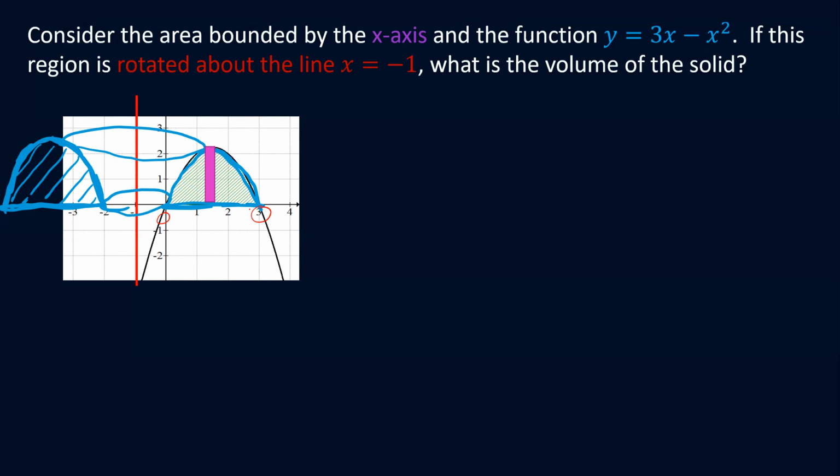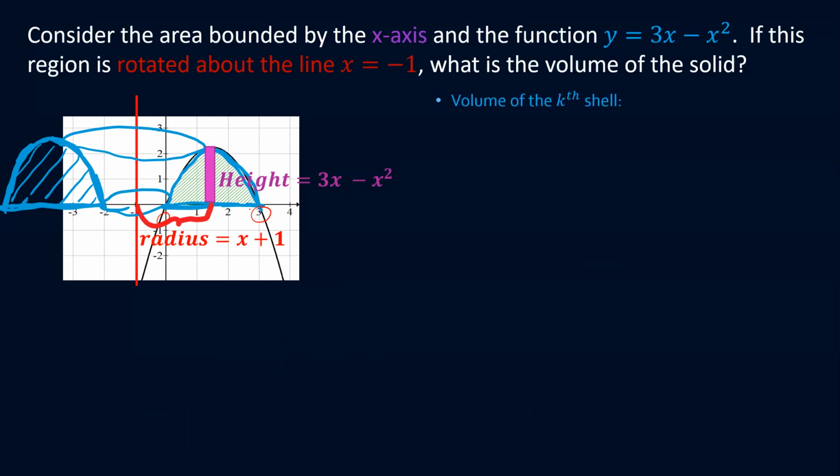In that rectangular slice, the height is the height of the parabola, which would be 3x minus x squared. And then the radius is from -1 to that x value. So that would be x minus a -1, which gives you x plus 1. That's the radius. And of course, the thickness is delta x.